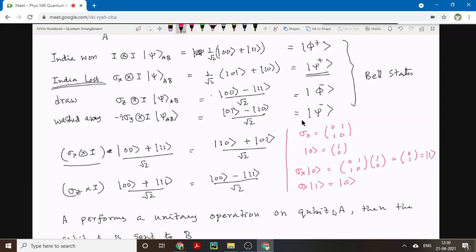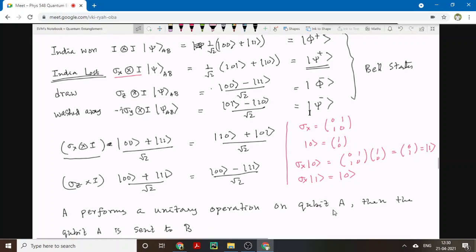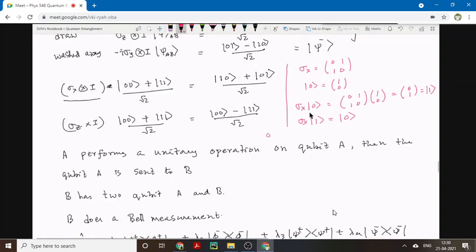Now here sigma x is operated on only the first qubit. The second qubit I am not doing anything. So in 00 plus 11, the first qubit will become 1 0. Now if you take sigma x cross I operating on 00, what will this be equal to?